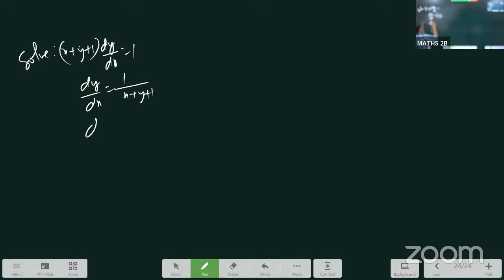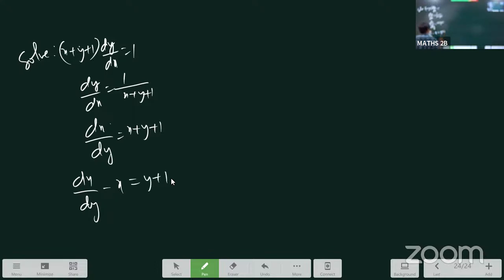So definitely you are going to take dx/dy = x + y + 1. Since I am having dx/dy, you have to bring x inside, not y. Why? Because in linear form, if dx is in the numerator, I should have x here, and dy in the denominator, I should have functions of the y variable. So dx/dy − x = y + 1.